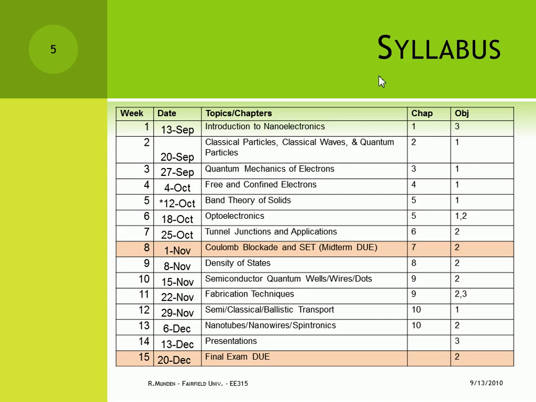So we cover a range of topics, though. We talk a lot about, again, basic quantum mechanics, because I know a lot of you have not had that yet. But we take a relatively simple approach, and then we develop the theory of how semiconductors and electronics devices actually work. From there, we start moving into applications. How do single electron transistors work?